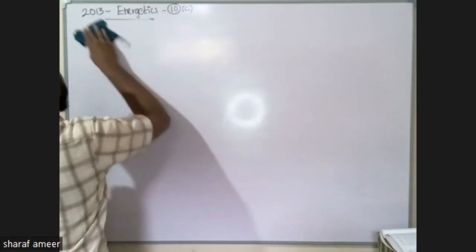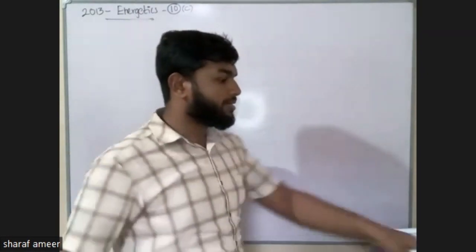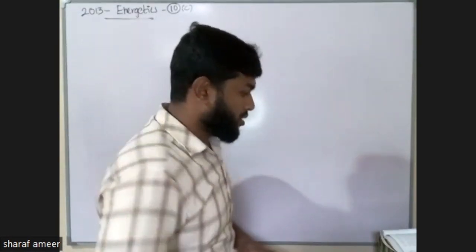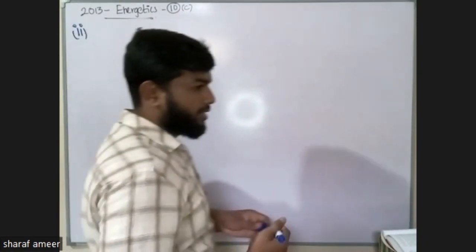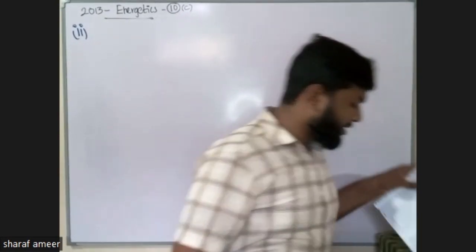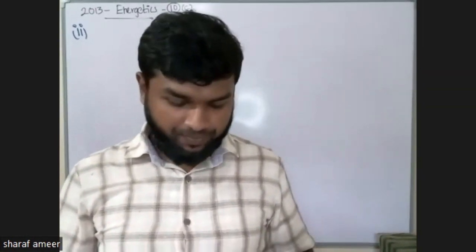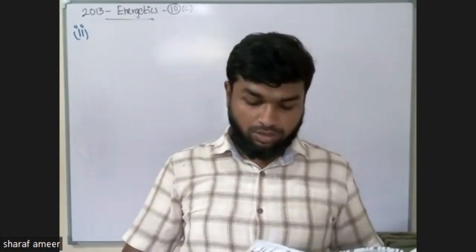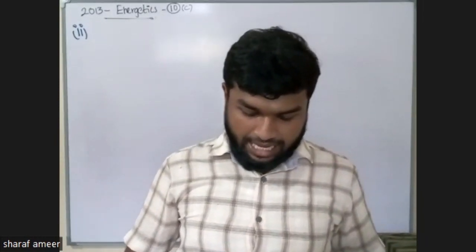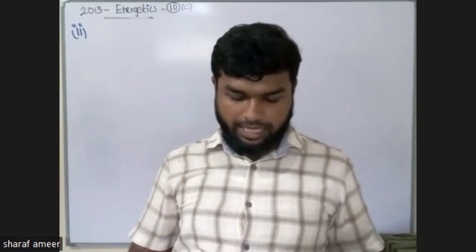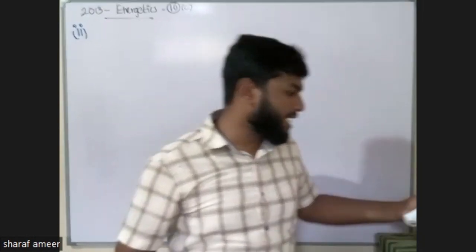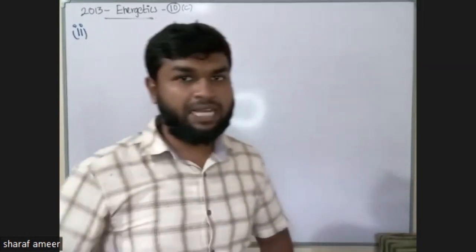So now let's go to the second sub question, right? See the second question. Calculate the amount of heat needed to increase the temperature of 400 grams of water from 25 degrees Celsius to 85 degrees Celsius. Heat capacity of water is 4.2 joules per gram per degree Celsius. Now see here, it is a simple equation, right?